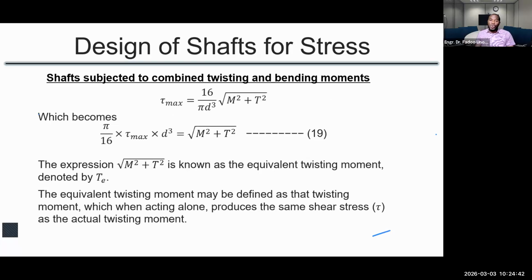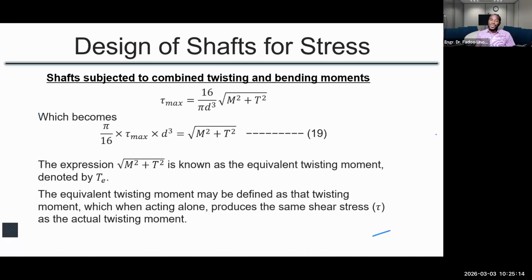So when you manipulate the equation, you arrive at this point, where pi over 16 times tau max times d cubed is given as the square root of the maximum bending moment acting in the shaft squared plus the torque to be transmitted in the shaft squared.